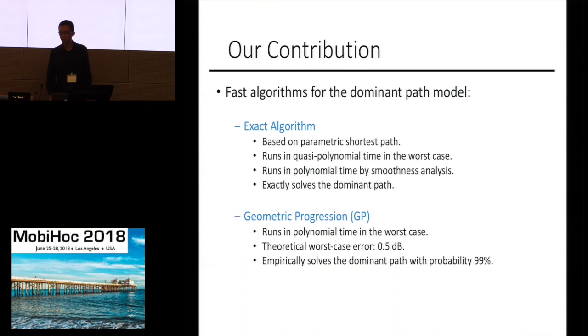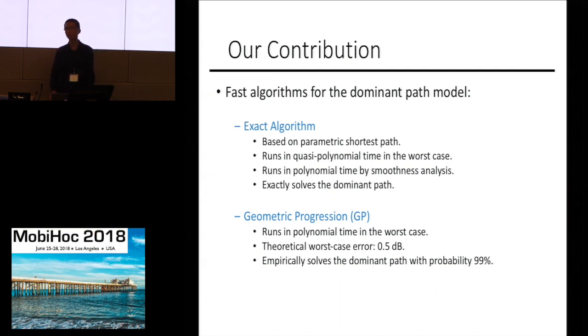And the second algorithm is a geometric progression algorithm, which is an approximation algorithm. We showed that this geometric progression algorithm runs in polynomial time in the worst case, and we also built up a theory and analyzed its error. We showed that the theoretical worst case error bound is only about 0.5 dB.